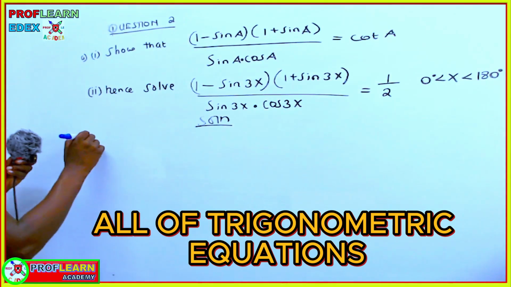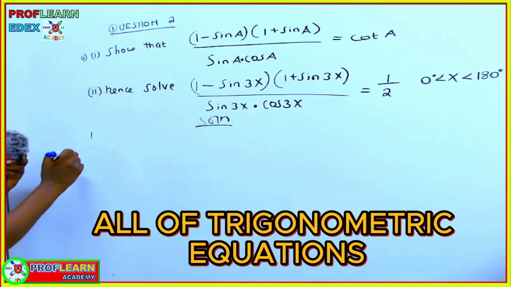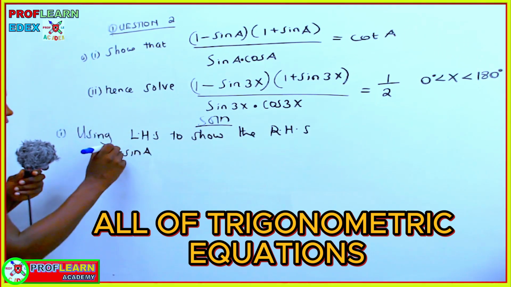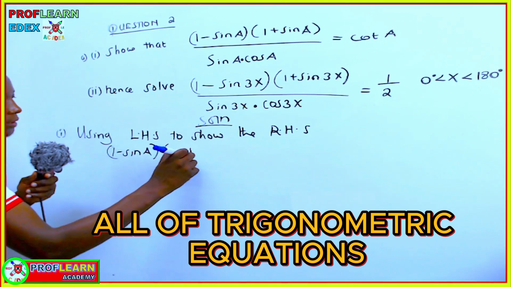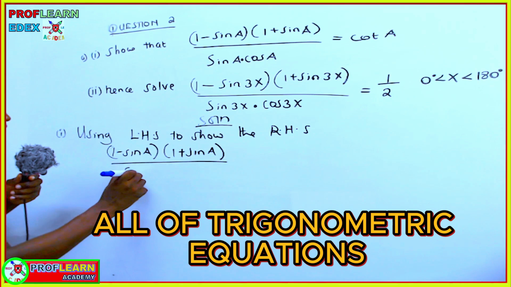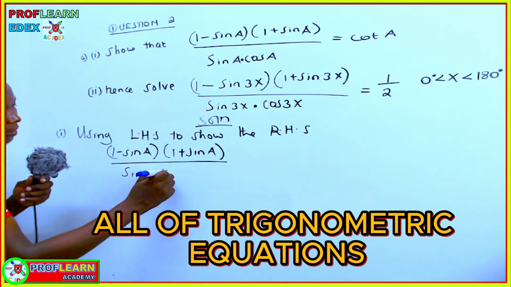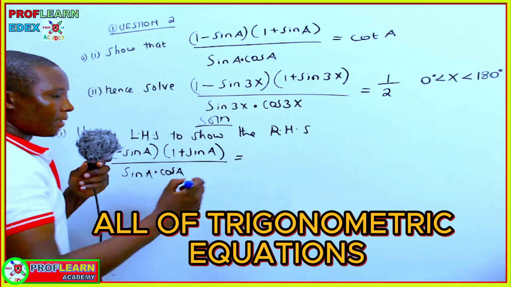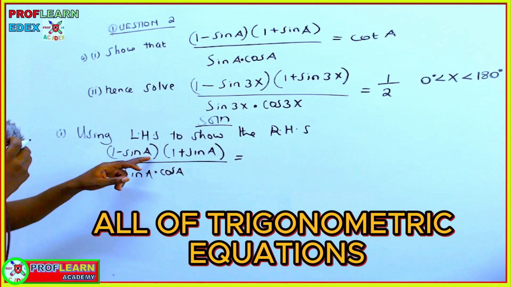So we can now say (1 minus sine A)(1 plus sine A) over sine A cos A. In order to work this out, we want to expand.